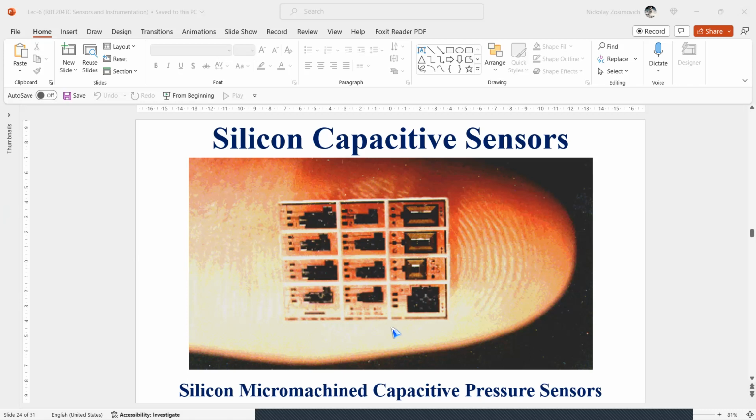Instead of adding a piezoresistor to the sensing element, the flexible membrane is opposed to a fixed flat electrode, building a miniaturized flat plate capacitor. An applied force or pressure difference causes the membrane to deflect, resulting in a capacitance change that can easily be measured.